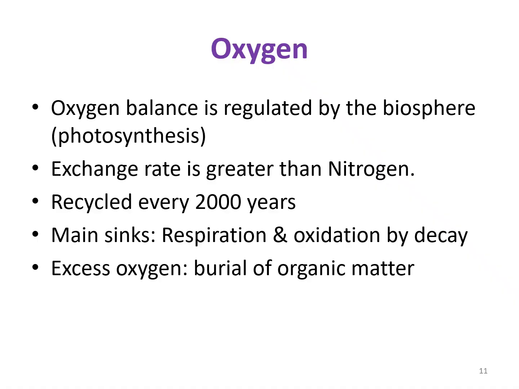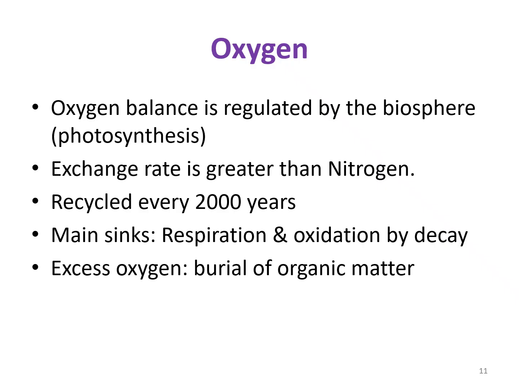Coming to the oxygen balance, it is regulated by the biosphere through photosynthesis. Oxygen constitutes 21% of the atmosphere and it is important for plant and animal respiratory processes. It is also important to various chemical reactions, especially oxidation that breaks down rock materials during chemical weathering.